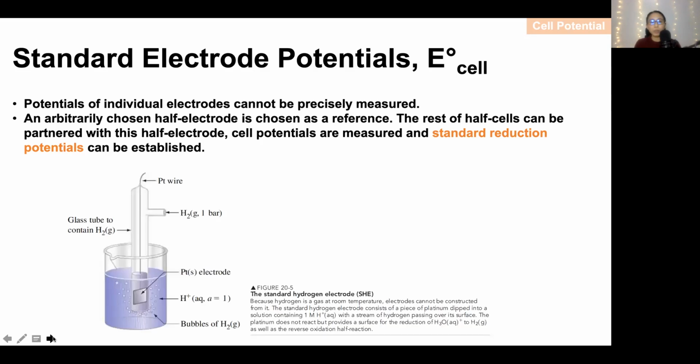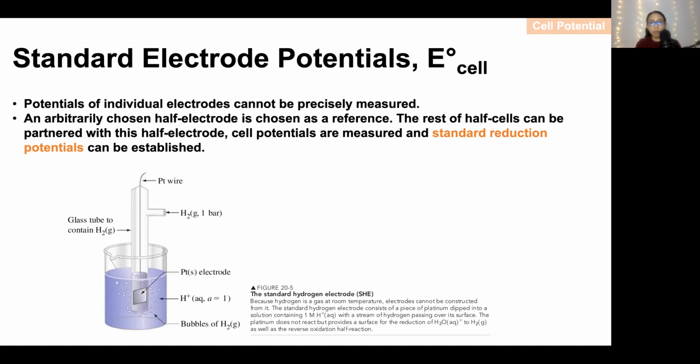So this is what we call the standard hydrogen electrode or the SHE. So again, this is the chosen reference electrode. And the reason why they chose it is because it's fairly easy to set up this electrode.